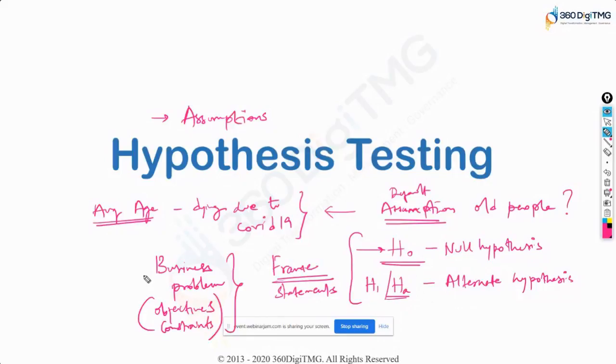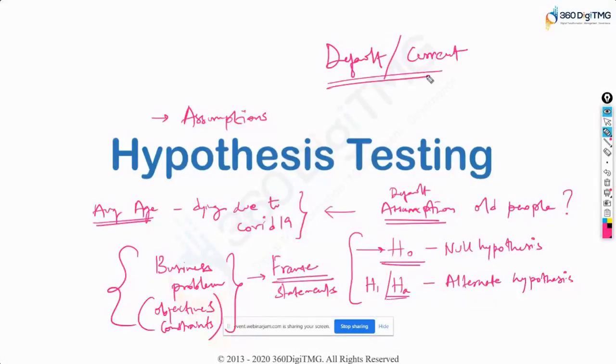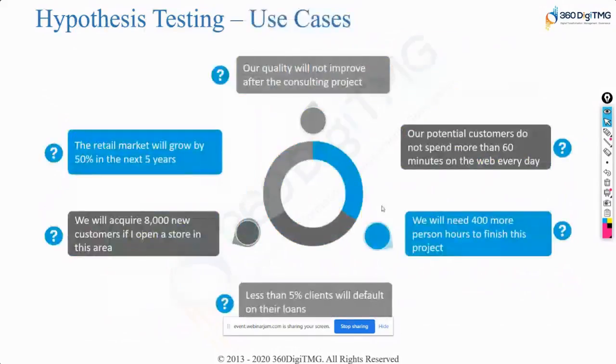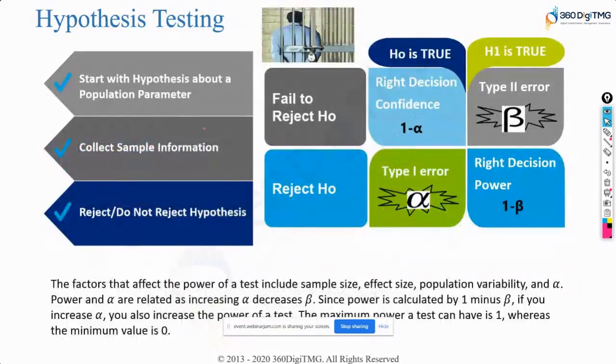If you are able to understand this, then framing of the statements would not be difficult, because your default or the current condition would always be your null hypothesis. So let me take another example and explain this.